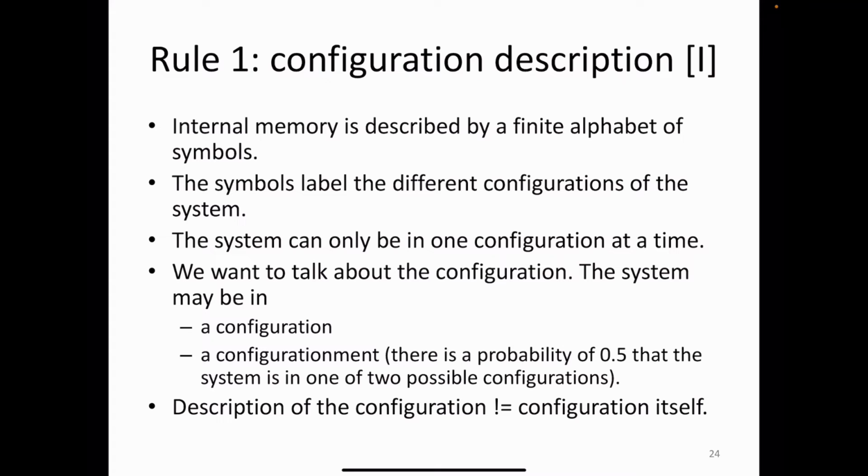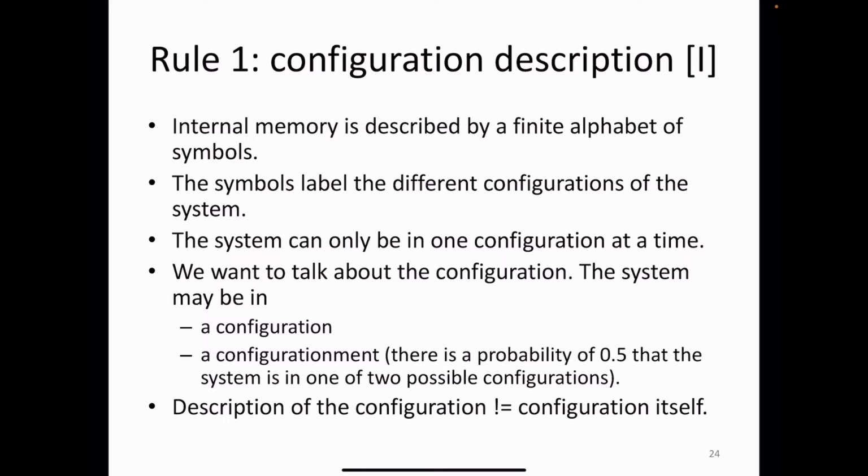The internal memory is described by a finite alphabet of symbols. These symbols label the different configurations of the system. The system can only be in one configuration at a time. So if you run a classical computation, you operate on a string of bits, but at any given point in time, it can only assume one certain configuration.